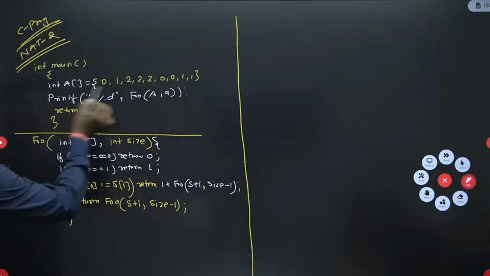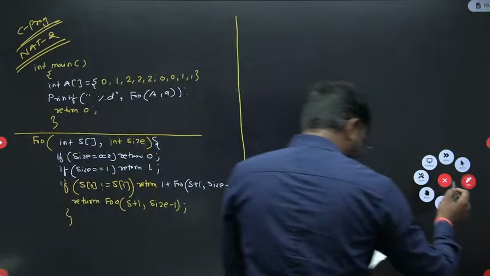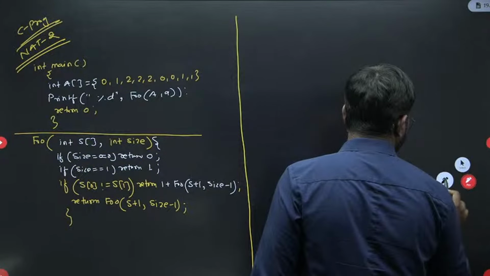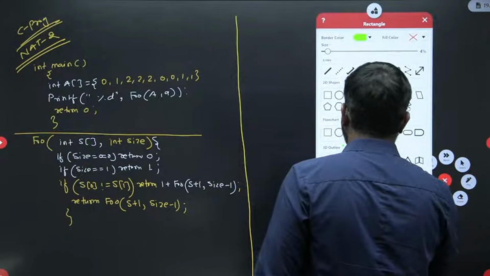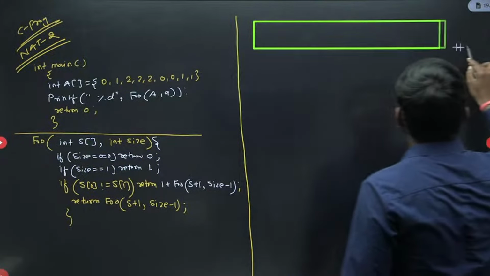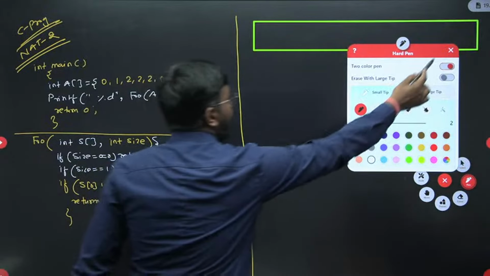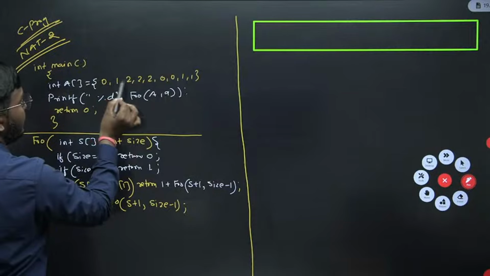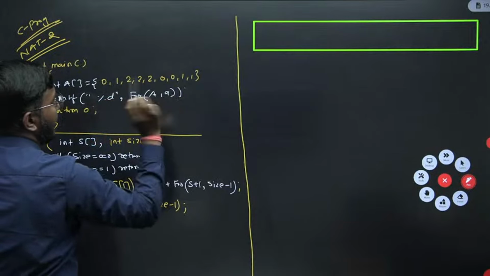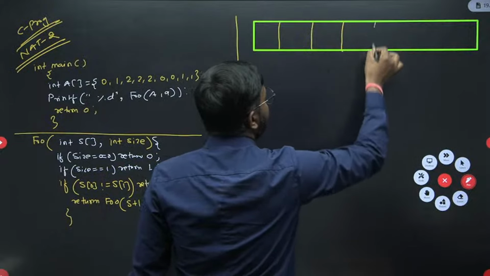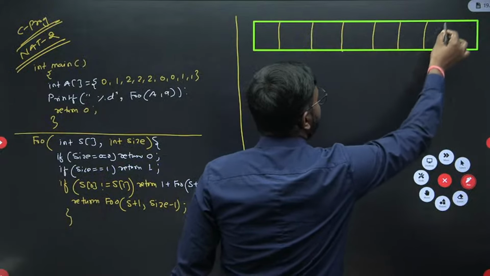In the main we have an array. We have the array 0, 1. Let's quickly draw the array. How many elements are we having here? See, 1, 2, 3, 4, 5, 6, 7, 8, 9. 9 elements.